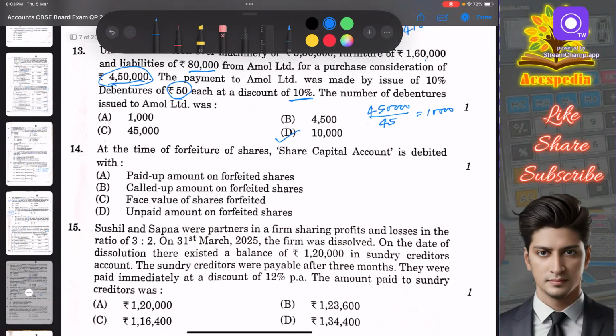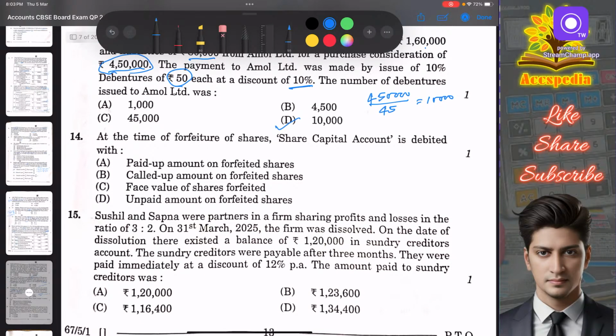Yes. At the time of forfeiture of shares, the share capital account is debited with the called up amount on forfeited shares. What is called, that only we will debit. The uncalled amount, since it is not credited to the capital account, we will not debit. So only the called up face value of the share we will debit, not the full face value, however much is called.